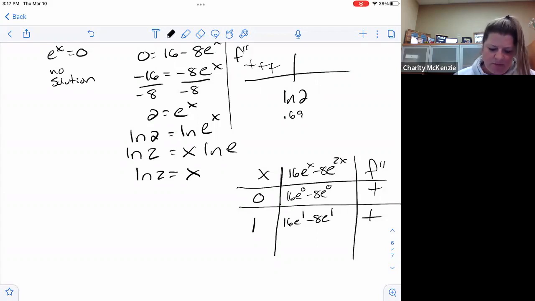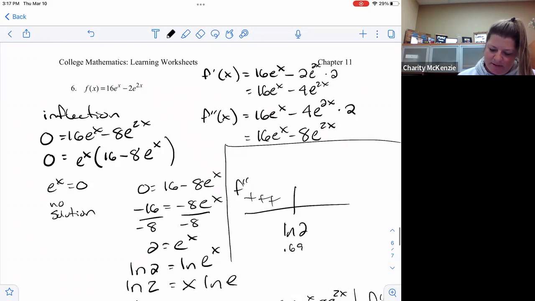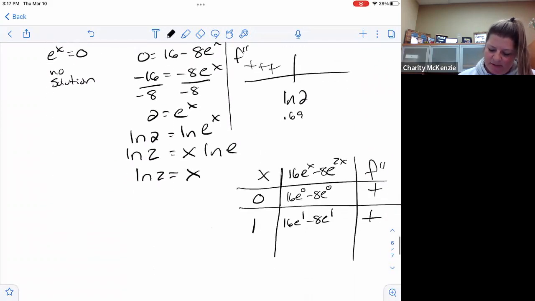Did I do minus on my calculator? 16 e to the 2x. Oh, shoot, this would be 2. I just put it in as 1 for some reason. I was like, I did something wrong. This is negative, and the rest is correct.